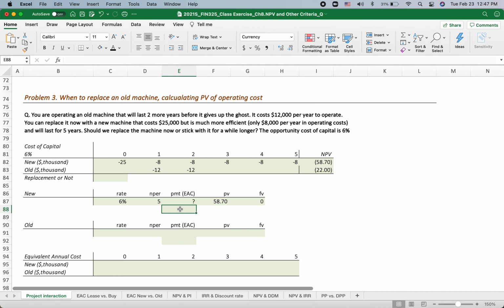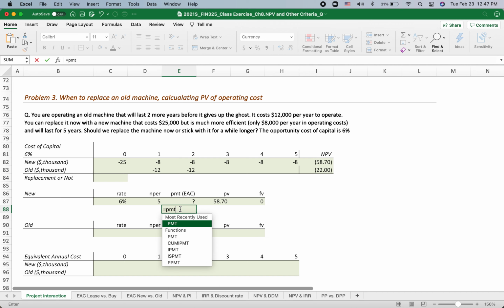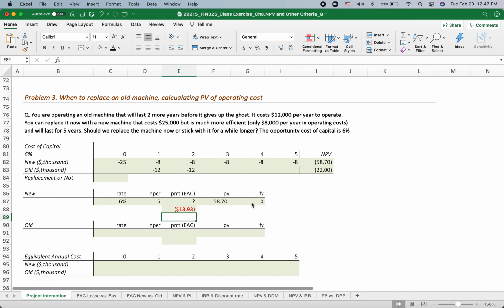So what would be the annual cost from this new machine, assuming that we recur this new investment after year 5 over and over again? So let's calculate PMT. So $13,000 is the annual cost.